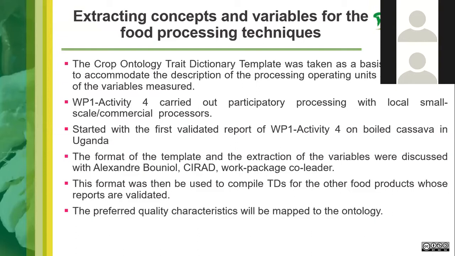It is important to note that in work package 1, activity 4, participatory surveys were made with small scale or commercial processors about how these different foods are processed, the steps, the procedures, and also the preferred traits and least preferred traits of these products. So it's from the validated reports from this activity that the different processing techniques were extracted.